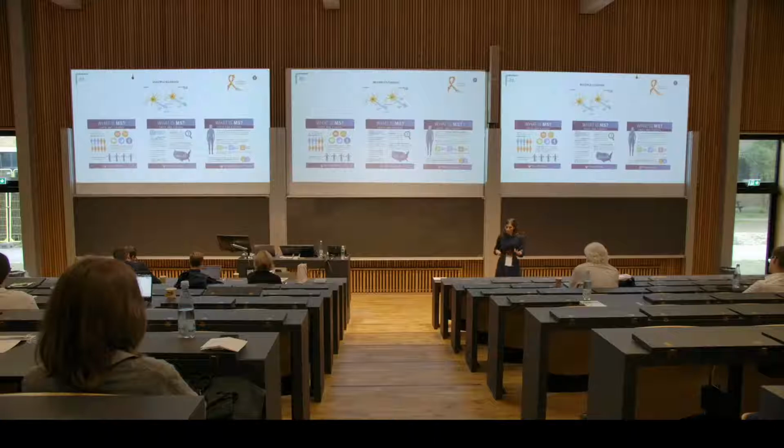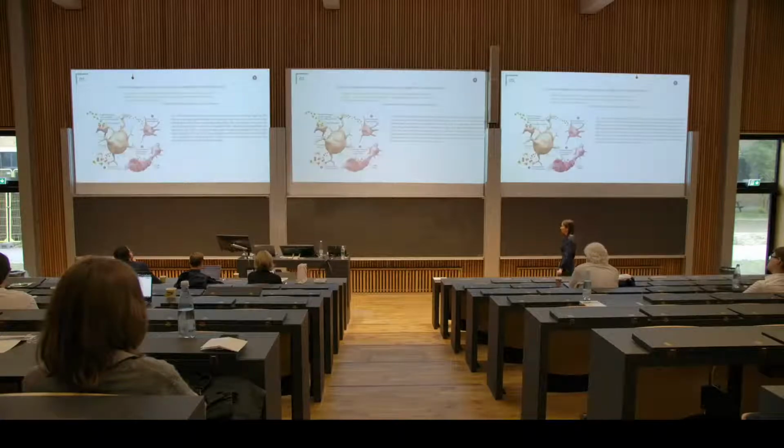So how on earth could an endogenous virus be one of the causative factors in multiple sclerosis? This is the same cell, and you can see there is this myelin which is very, very damaged.